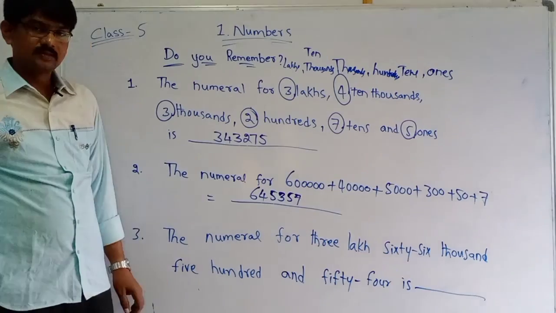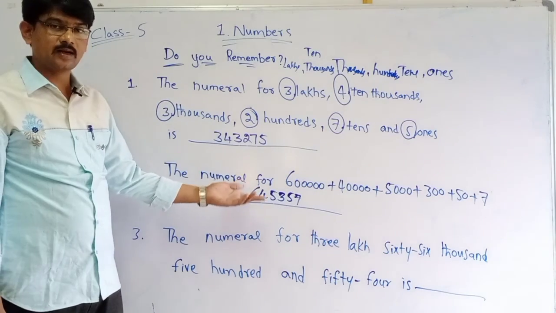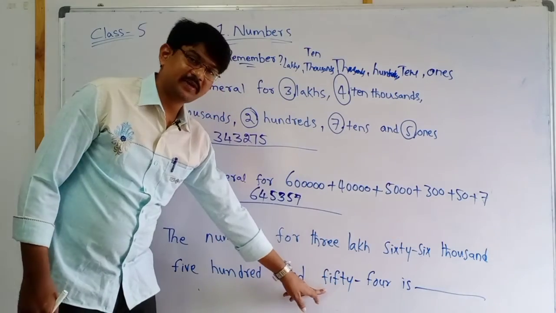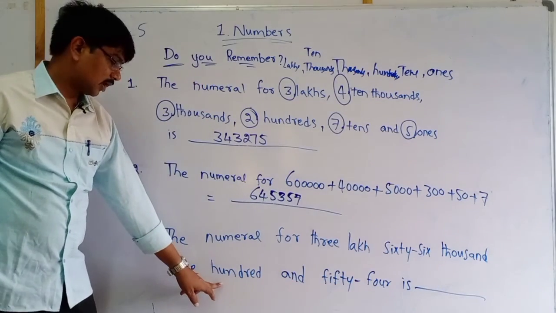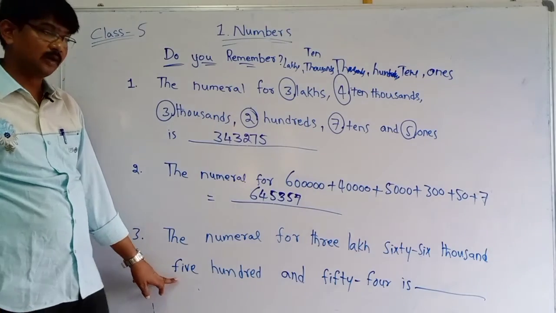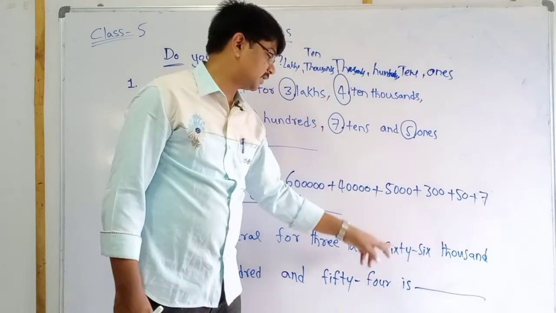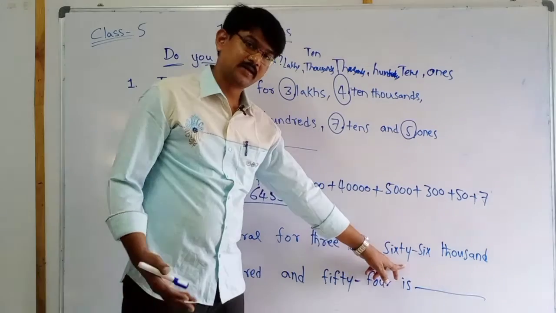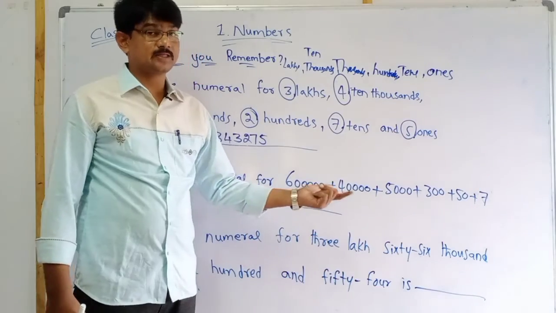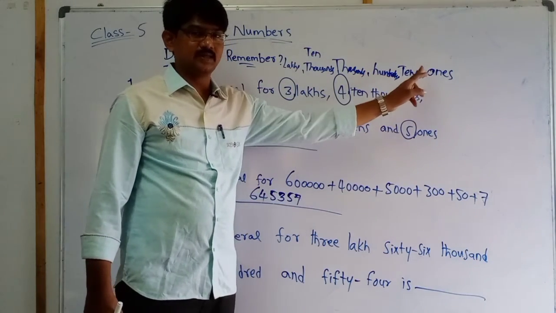First of all, let us check whether all the places are available or not. 4 is the ones place, 50 is the tens place, 500 is the hundreds place, 6,000 is the thousands place, 60,000 is the 10,000s place, and 3 lakh means the lakhs place is also available according to the system of numeration.